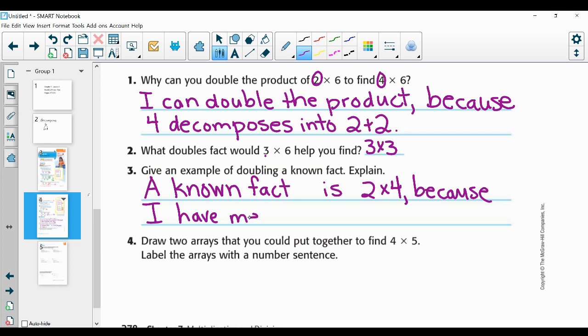And that's exactly what a known fact means, one you've memorized. I don't have to count it out on my fingers, I just know it.